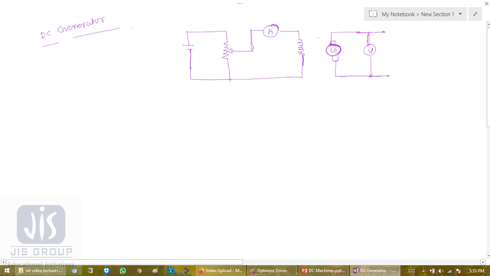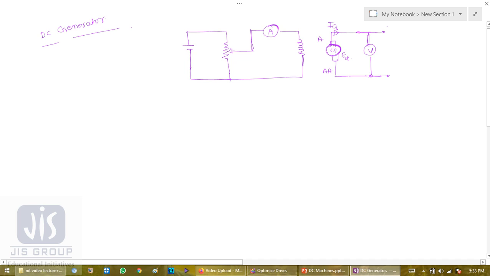Okay, armature voltage, that is EA, suppose. Okay, and generator, so output current is emerging from armature IA, because this is a generator.